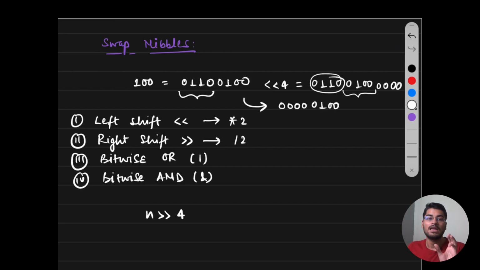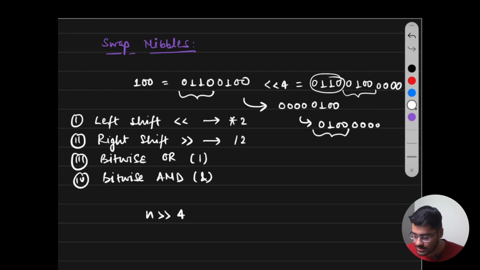Now if we apply a left shift on this, this will convert to 0, 1, 0, 0 and the last 4 bits will be 0, which we don't mind. Our second part of the nibble has shifted forward, which is also the required state in the answer, correct? So if we do that, we'll be able to extract the second part.